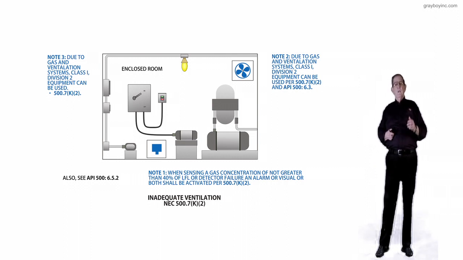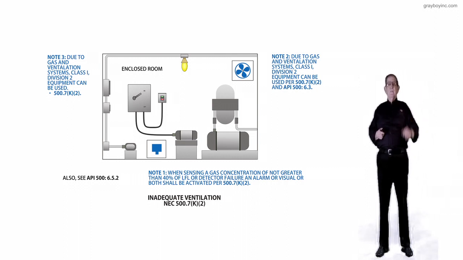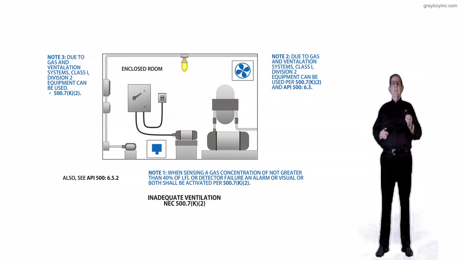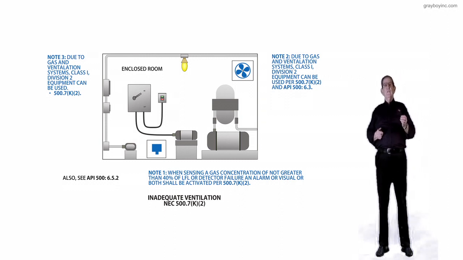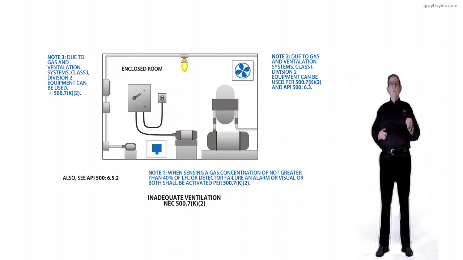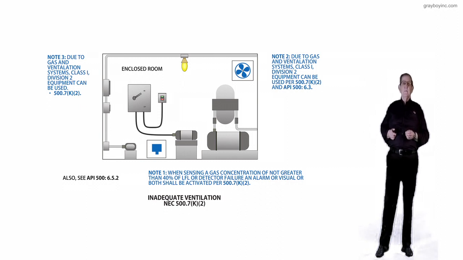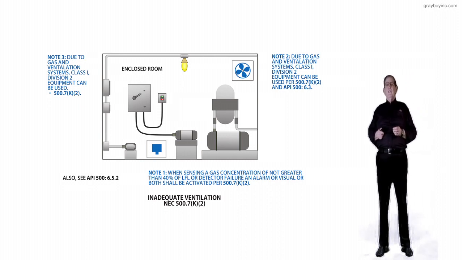Now, reviewing note 3 to the left of the illustration, it states that due to gas detection and ventilation systems, Class 1 Division 2 equipment can be used as outlined in 500.7(K)(2).